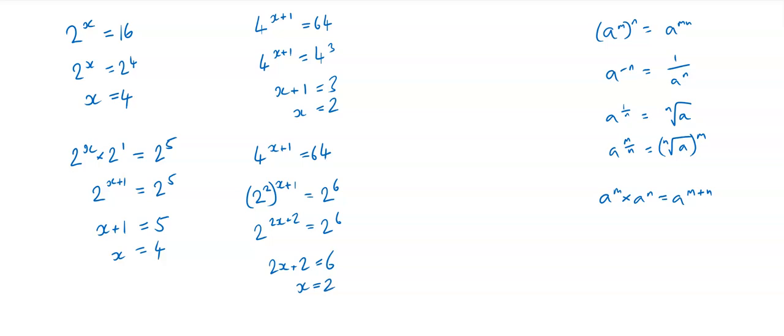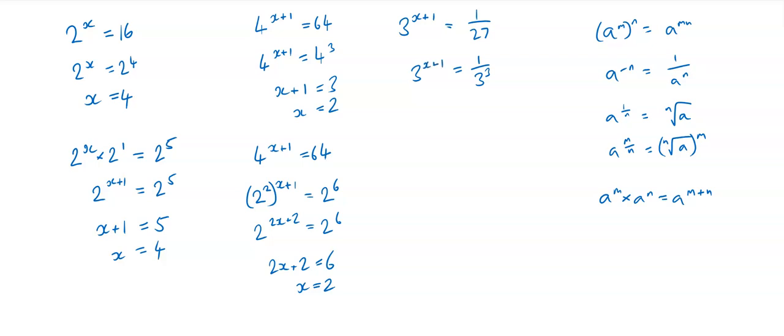Okay, let's try and make these slightly harder. Let's go 3 to the x plus 1 equals 1 over 27. Two things going on here. Whenever you have a 1 over, I would write it like this. So 1 over 3 cubed is 3 to the x plus 1.